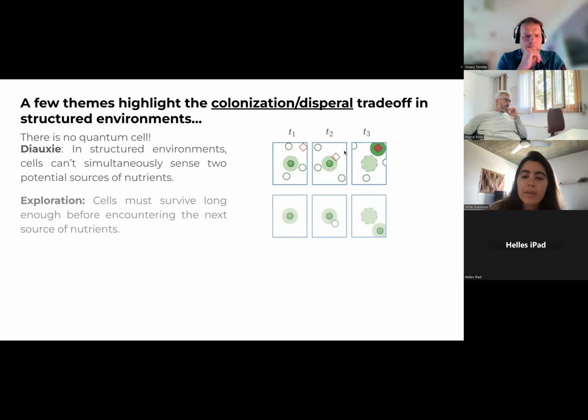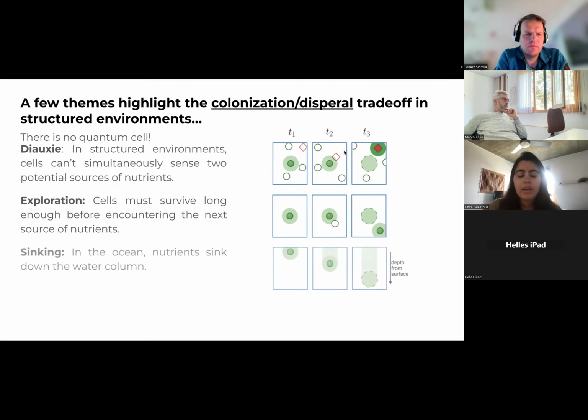In certain environments, cells must survive long enough and start exploring their environment before they encounter the next environment. This is just because resources are finite in most environments. So in the example of chitin particles, a cell might want to explore the possibility of finding another particle that it can grow on before that particle is degraded and before the cell finds itself starving.